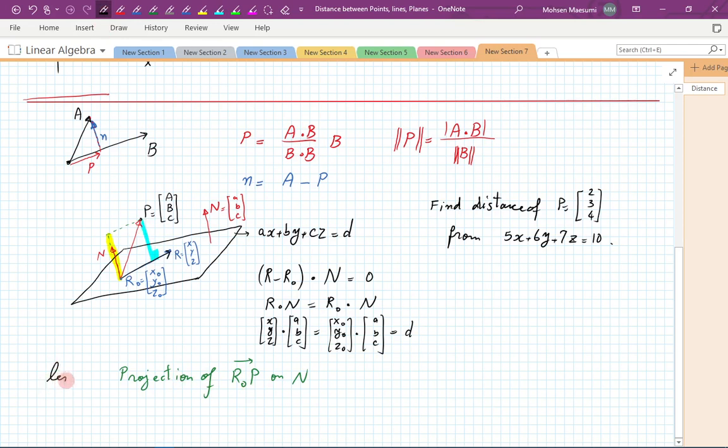So the length of the projection of r0P on n is the same as the distance of point P from the plane.